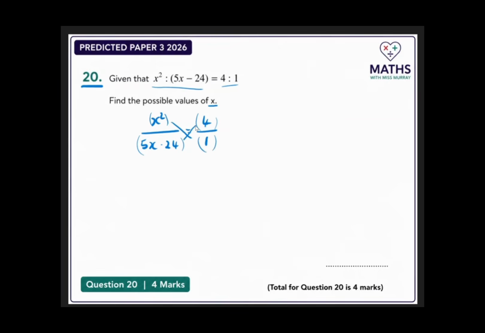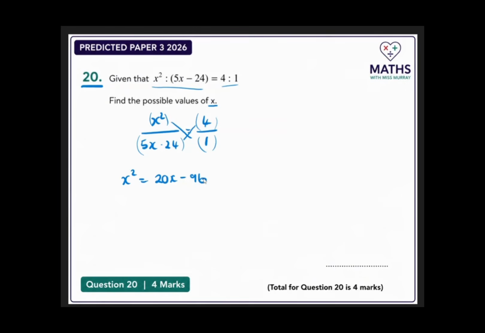So you're going to do x squared multiplied by 1, which is just x squared. And then you're going to do 4 multiplied by 5x minus 24. Well, 4 lots of 5x is 20x, and 4 lots of 24 is, again, you can check that on your calculator, 96.